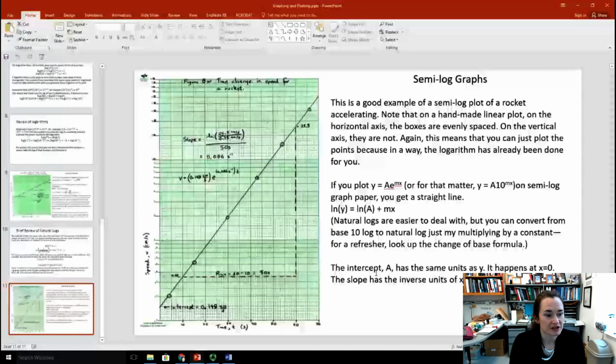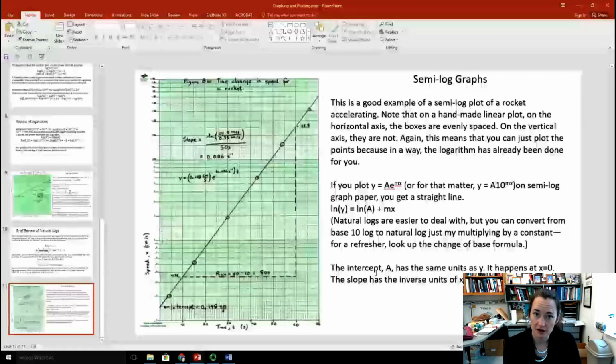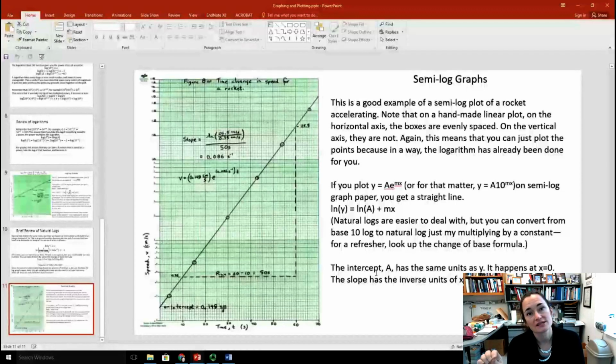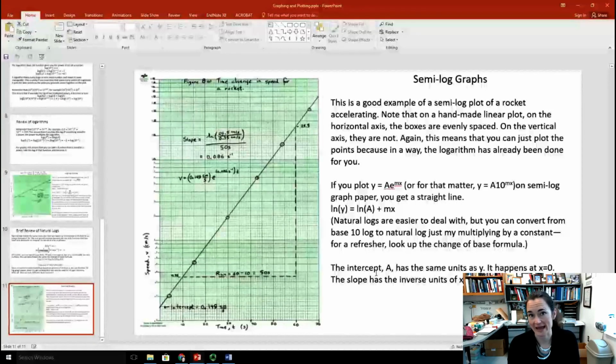Now, you're probably thinking to yourself, why do I care? I'm just going to do these plots in Origin or something anyway, so why do I need to know that? Well, there's options within Origin for you to make your plot a linear plot, a log plot, or a semi-log plot. And if you do that, then it can take a function that is nonlinear, like y equals a e to the mx, and make it linear.